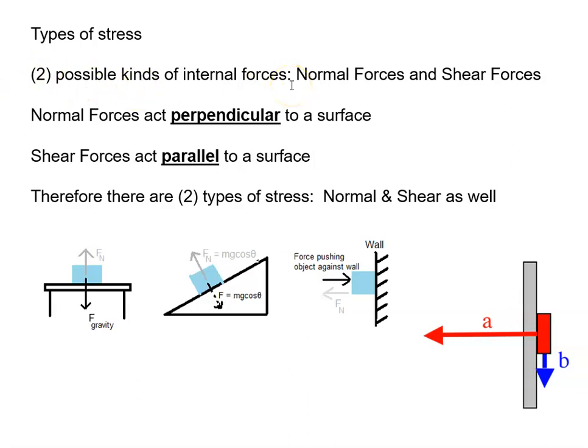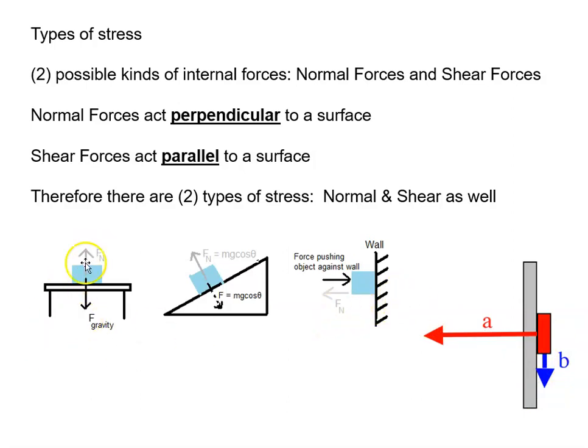So we have internal stresses that are normal forces or shear forces. So here A would be normal, and that is a perpendicular relationship there. And B would be a shear stress. So this bolt, or whatever it is that's been fastened to this wall, has a perpendicular relationship with the wall, and then it has a shear stress that's occurring because the wall is pushing up and this thing is pushing down, and there's a shear that's happening between them.